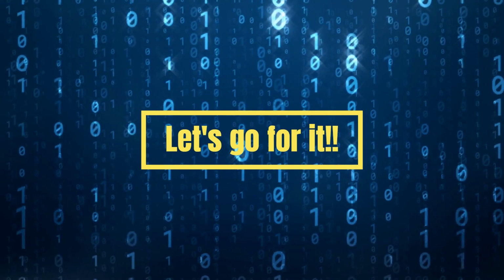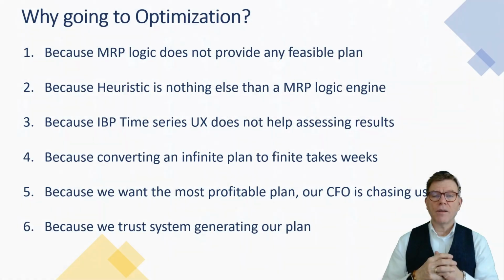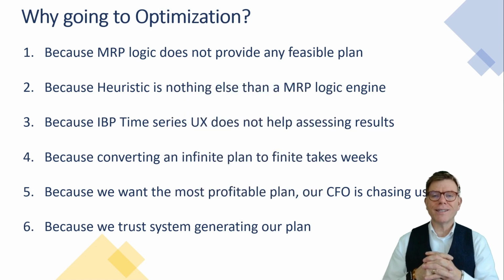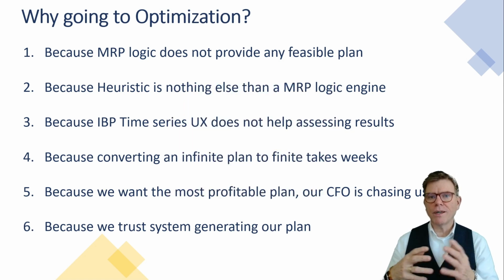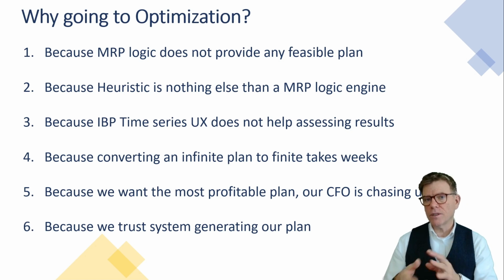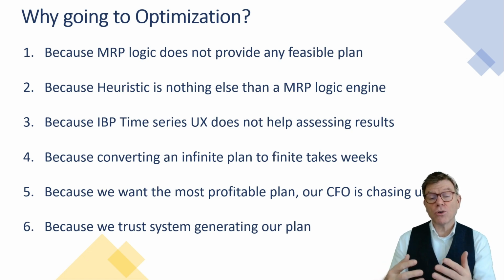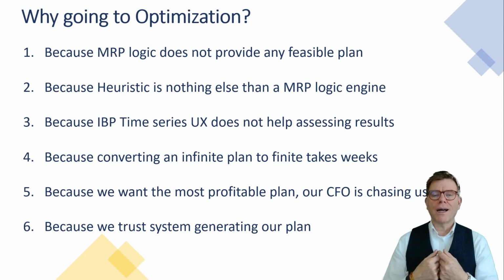Now, the next topic is why you should go for optimization. There are many reasons for that. I have listed 6 reasons here. The MRP logic does not provide any feasible plan, neither do the heuristics, which is by the way an MRP engine. Also, the solution itself, in terms of user experience, is not helping much in understanding the heuristics result in order to take the appropriate actions easily.